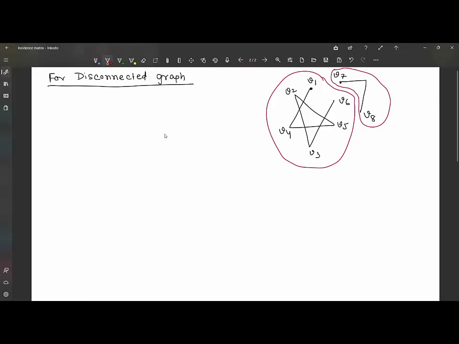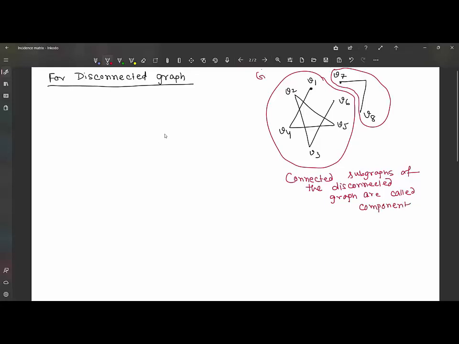So this is one example of a disconnected graph. And these connected subgraphs of the disconnected graph are called components.